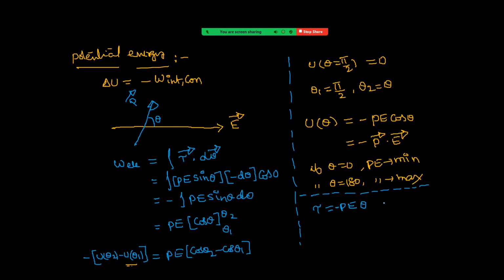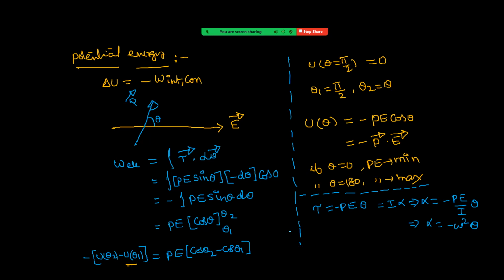Now net torque equals I into alpha. From this we get alpha equal to minus PE by I into theta. So it is of the form alpha equal to minus omega square into theta. That means this dipole is executing angular simple harmonic motion.